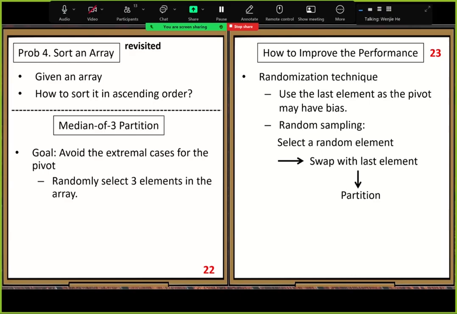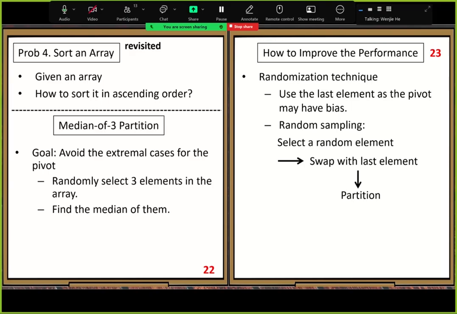So those are some improvement ideas. You can use them as options. But you need to look at your data.